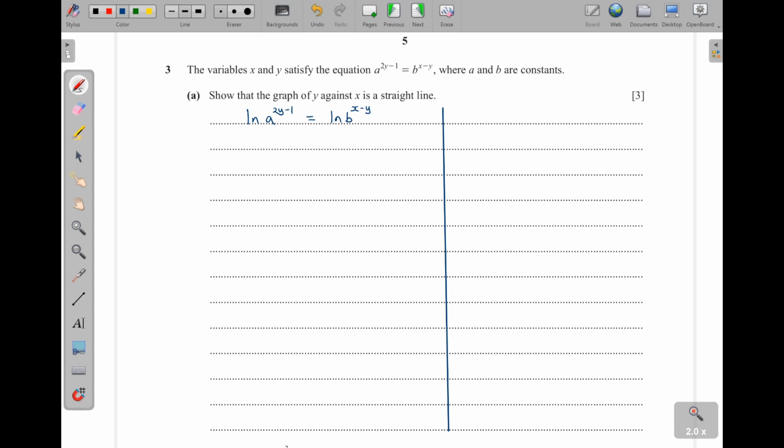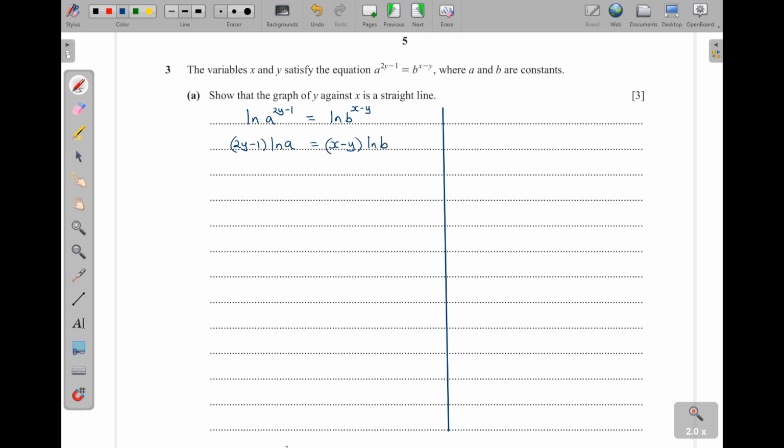Using the rules of indices, this power can come down here, and this one can come down here. So we have 2y minus 1 in brackets, because there are two terms that are going to multiply with this natural log of a. And here we shall have x minus y, then the natural log of b.